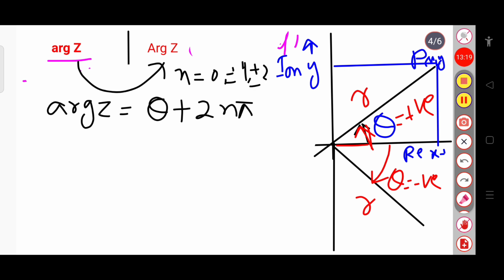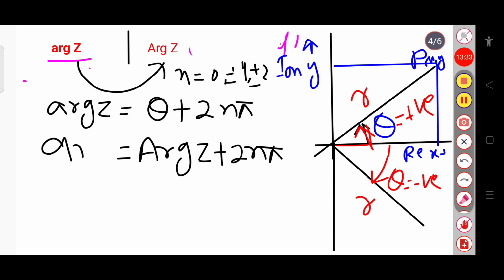This theta is the capital argument of z. So the argument of z is the capital argument of z plus 2n pi.